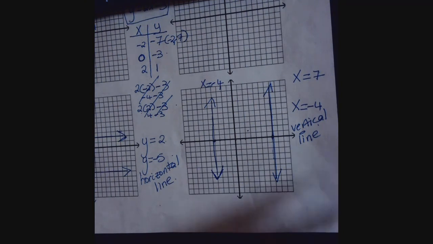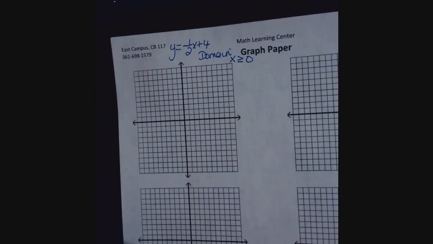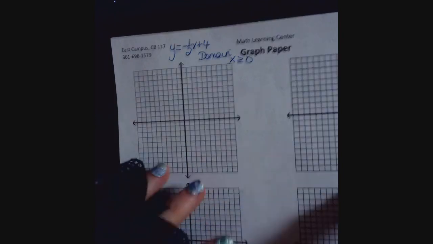Okay, so we are going to move on to graph another linear function. I'm going to get another piece of graphing paper, and here it's asking us to graph the function y equals -1/2 x plus 4, and there's some restrictions, and the domain is x is greater than or equal to 0, then identify the range of the function.